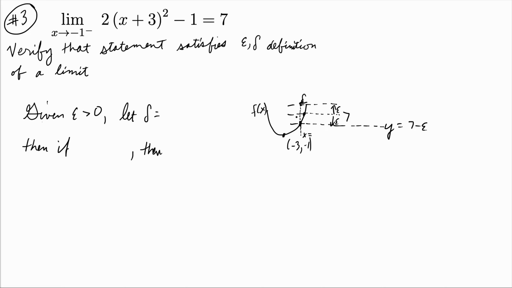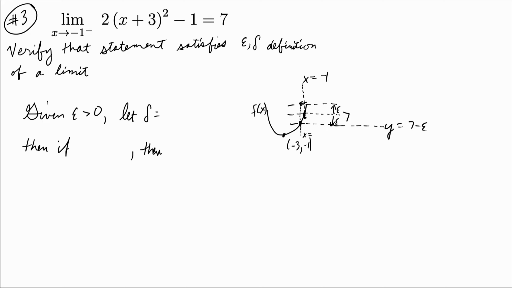Well, it's delta before -1, so maybe we can make this a little more clear here. The x value right here at this point is what we're heading to. That's x equals -1.